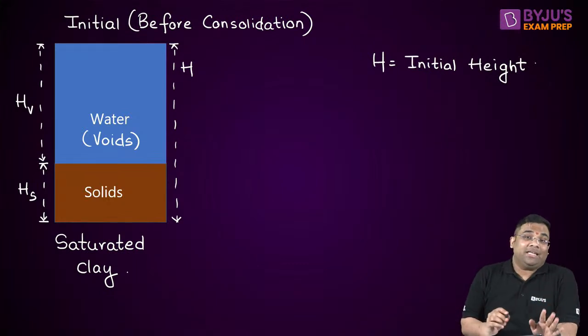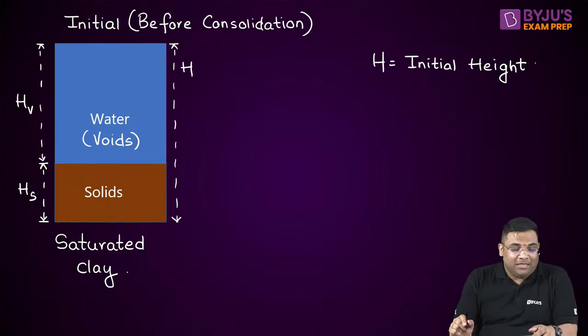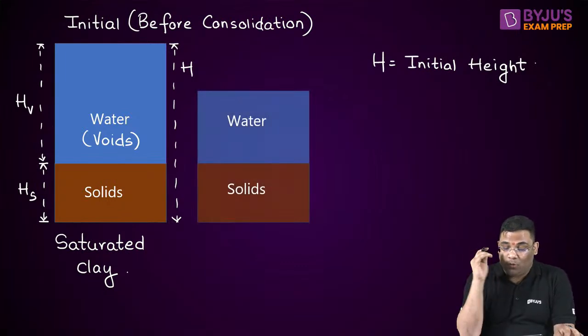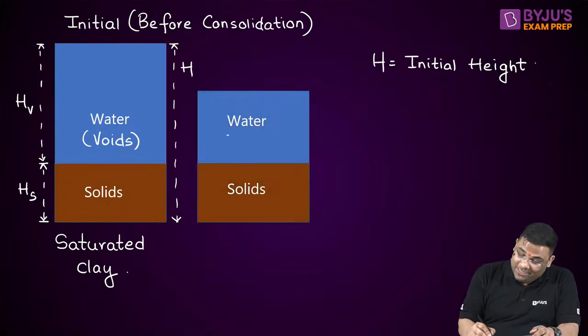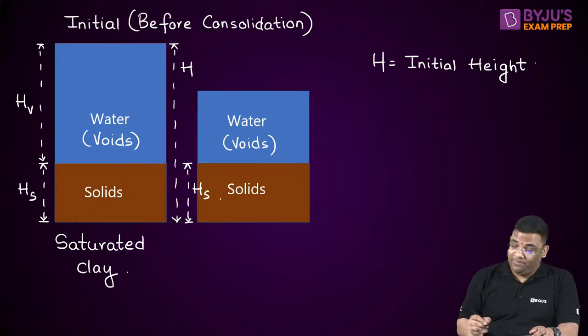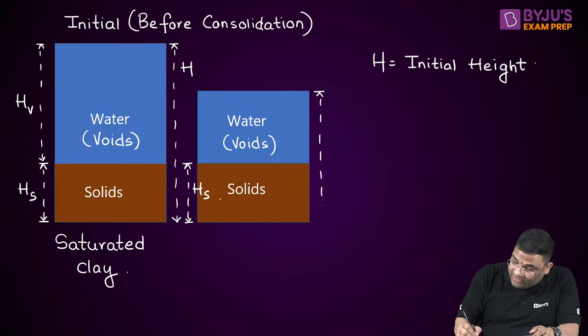See, solids are incompressible. So whatever reduction of volume happens will be only in voids. You can see clearly that the voids have reduced. So the height of solids will be intact, but the overall height will reduce, because the voids have reduced.